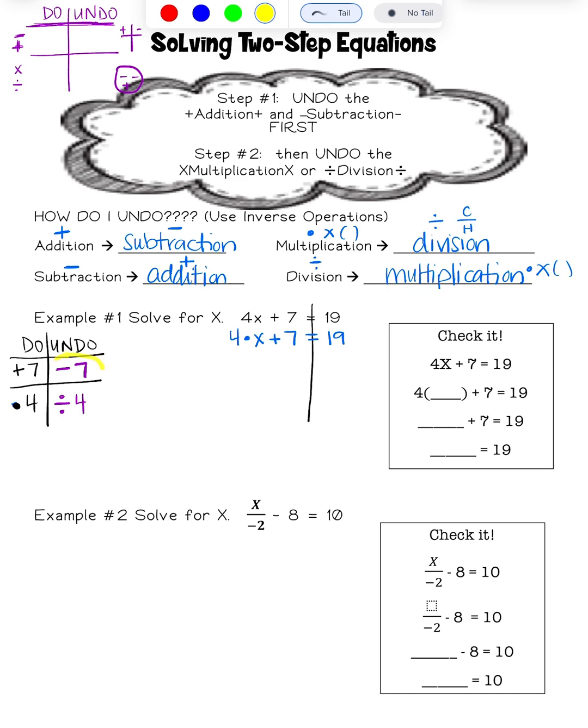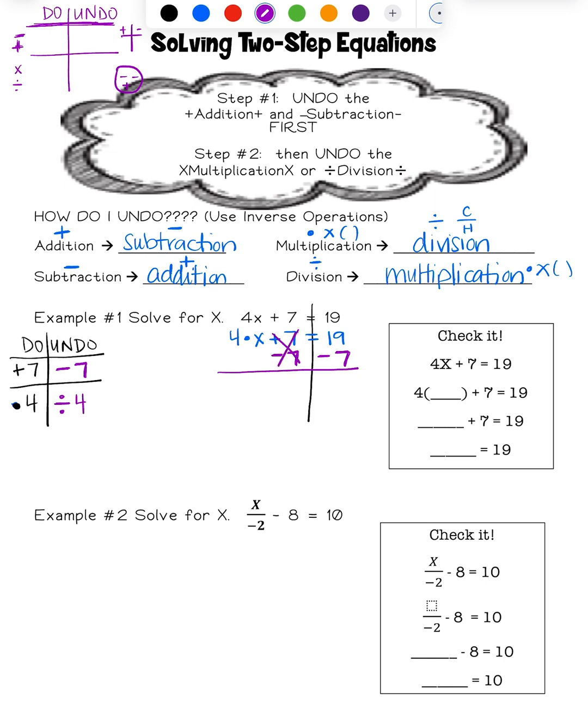First, I'm going to subtract 7 from both sides. So I'm going to grab my pen and then right under this 7 to make it go away, to make it 0, I'm going to subtract it, okay? And then anything I do to one side, I have to make a matching subtraction 7 on the other side of my line. Over here, the 7's go away, because what is 7 minus 7? Well, it's 0.